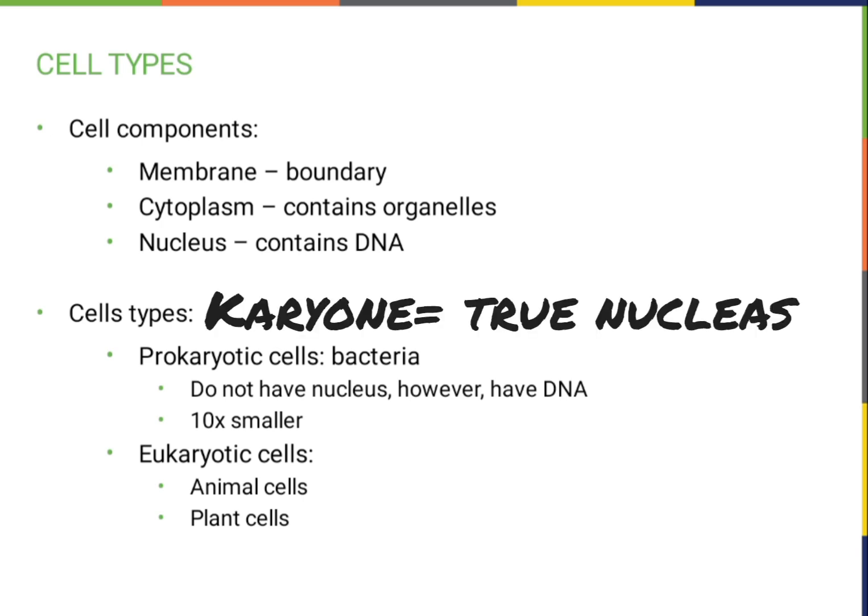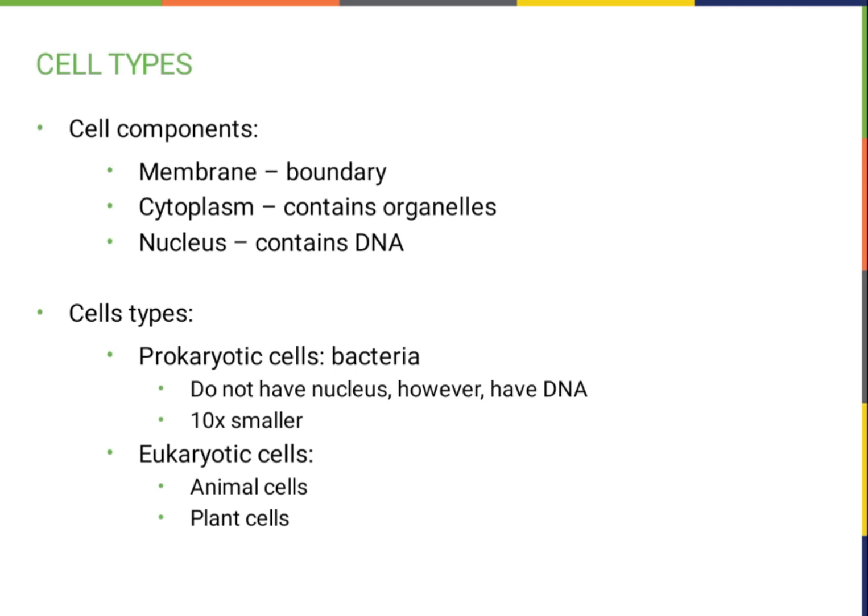So organisms that evolved before the evolution of the nucleus are known as the prokaryotes. The eukaryotes are those organisms which have a true nucleus, like plant cells and animal cells, which have their DNA enclosed within the nuclear envelope. Unlike the prokaryotes like the cyanobacteria and the bacteria, which are even very much smaller.